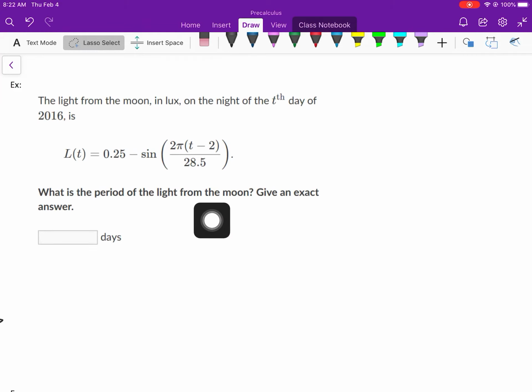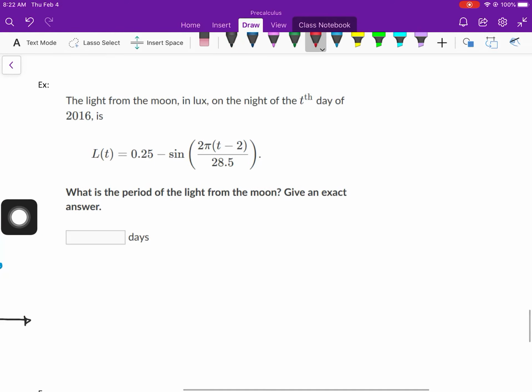All right, here's a little more straightforward. It's just asking what's the period of the light from the moon. So the light from the moon on the night of the 10th day of 2016 is given by this equation. So the period, in this case, b is going to equal 2 pi over 28.5.